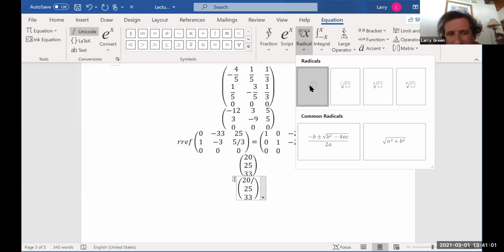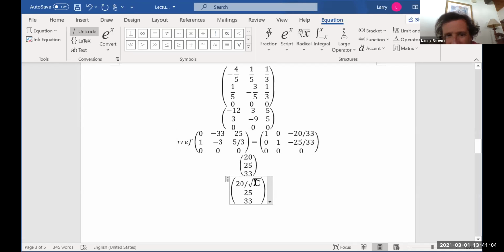Okay, we need it to be a unit vector. So we're going to divide it by the square root of 20 squared plus 25 squared plus 33 squared. And then we're going to do the same thing for the other two. Divide the whole thing by that.